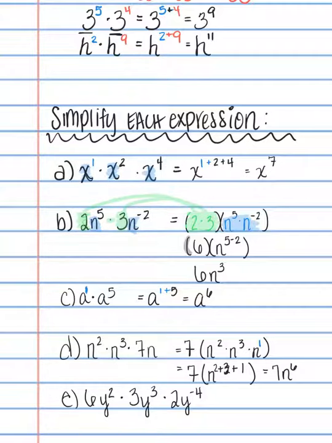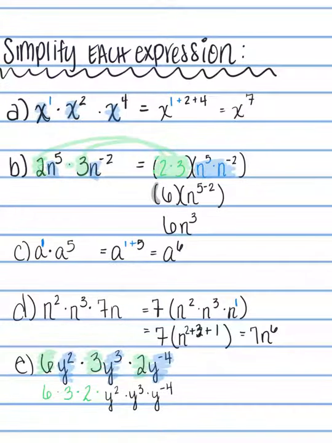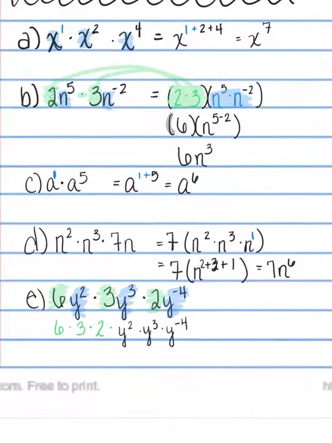All right, down here, hopefully you remembered to separate out your variables. And hopefully you got something that looked a little bit like this. And then you simplified and realized this is the same as 18 times 2, or 36.